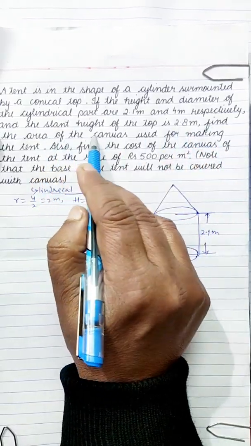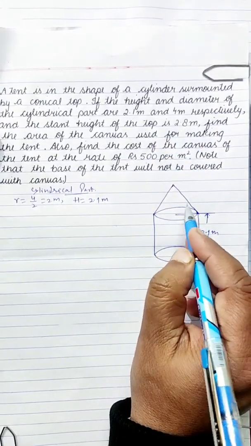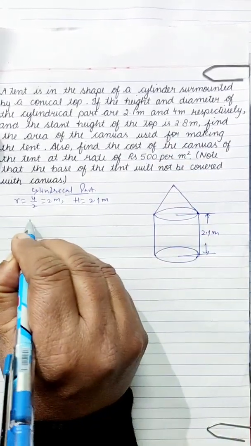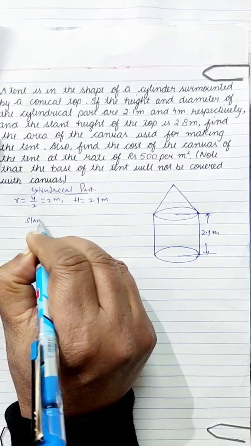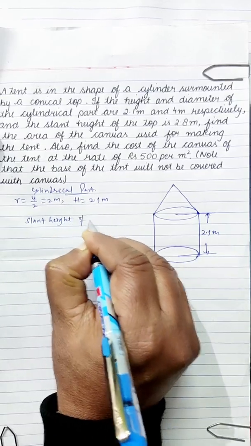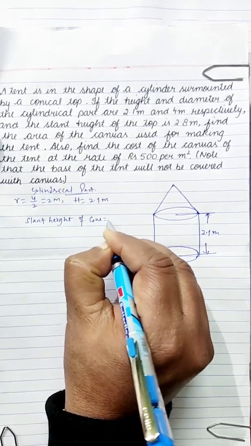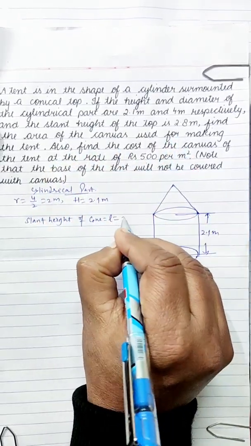And the slant height of the top is 2.8. Slant height of the top. Top is cone, so slant height of the cone, that is L, is 2.8 given.